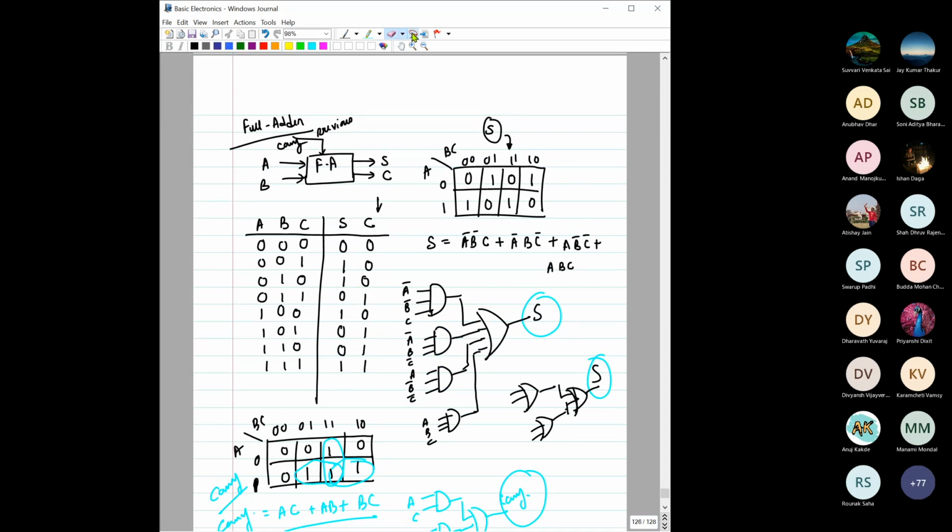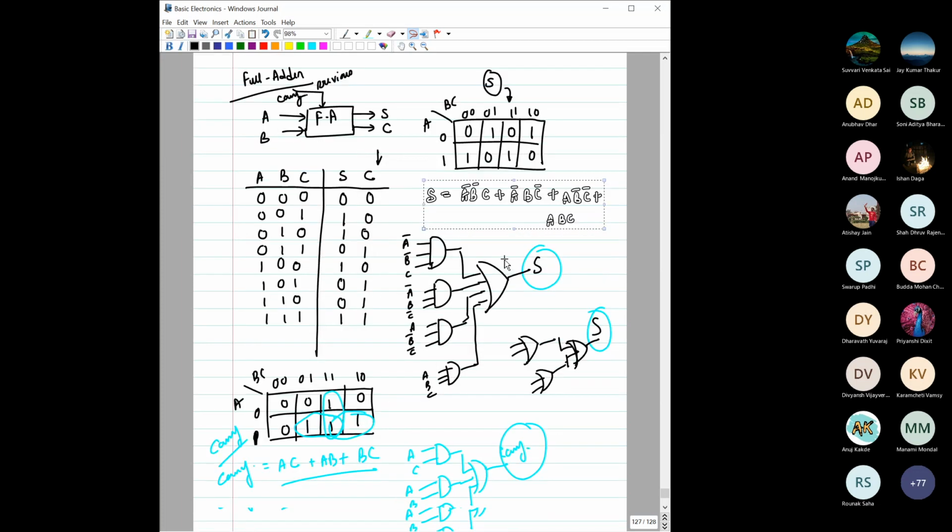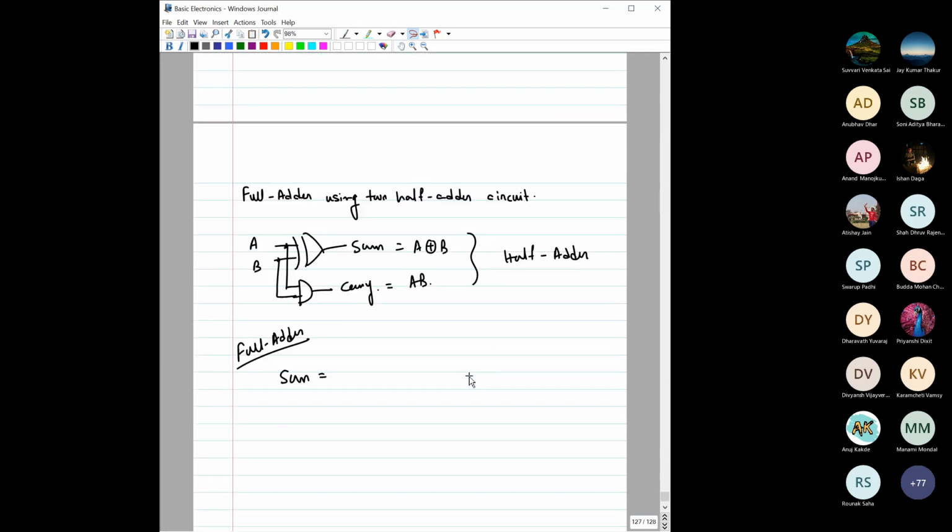Sir, A bar, B bar, C plus... Maybe I can copy it from... just a minute. Yeah, so this is the sum expression. So I am just writing this as the sum for full adder.